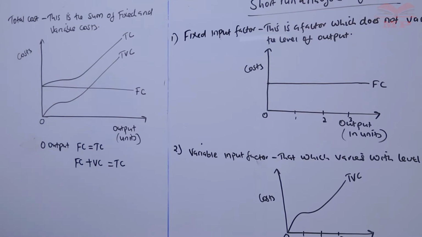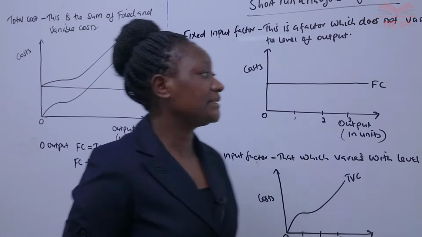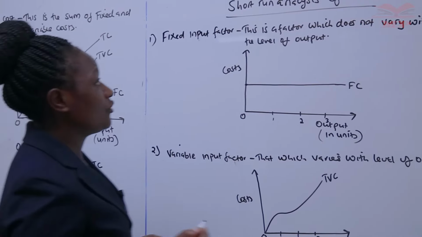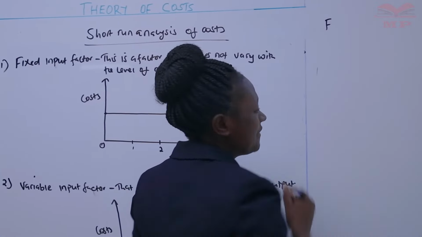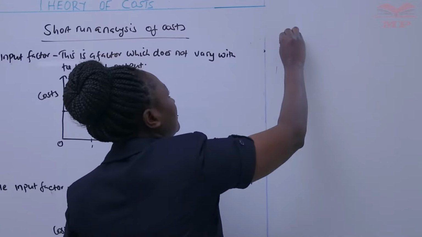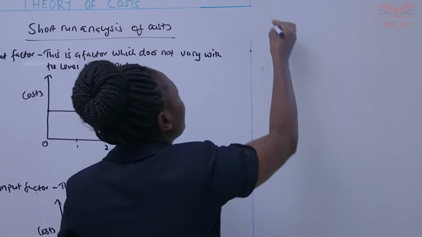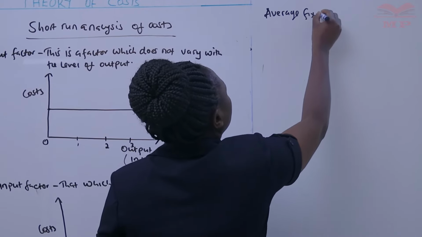We have other costs which are associated with the short run, and we have what we refer to as average fixed cost.